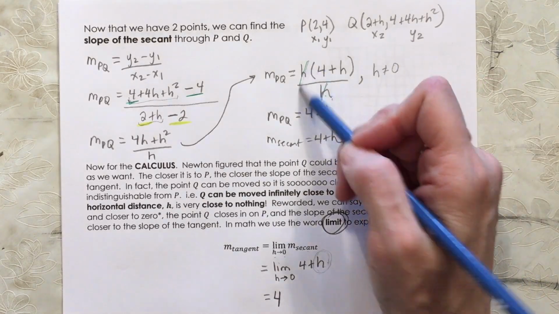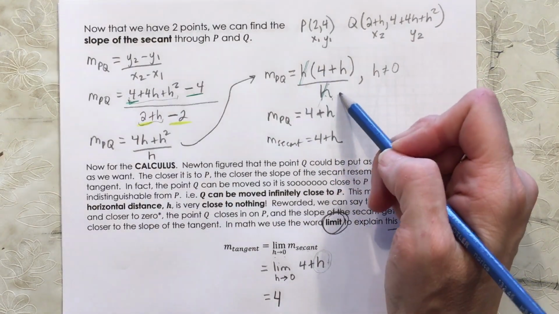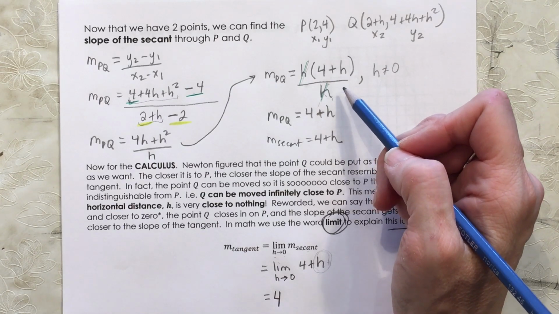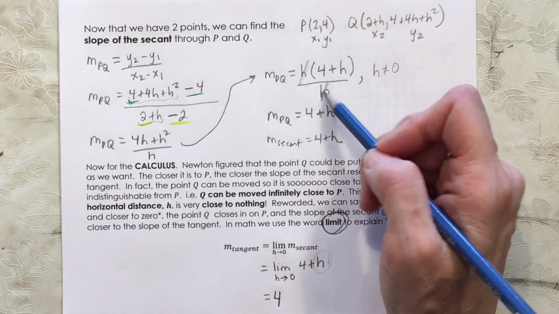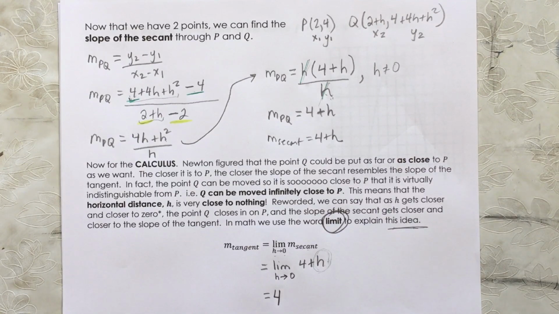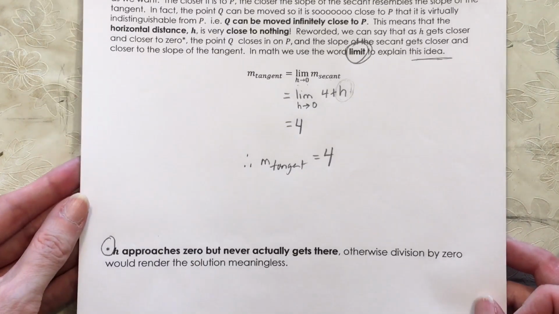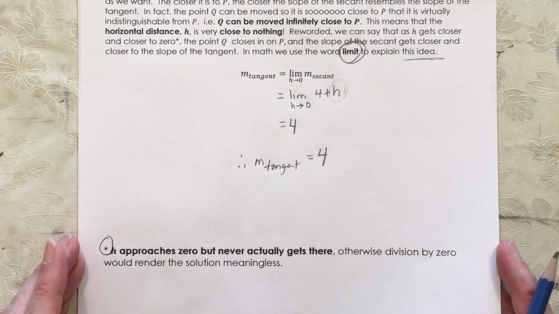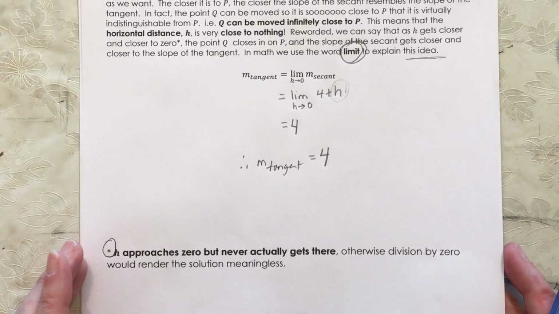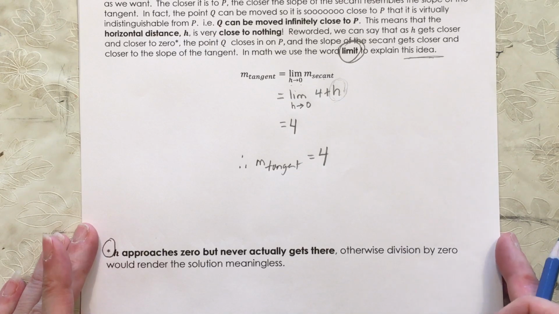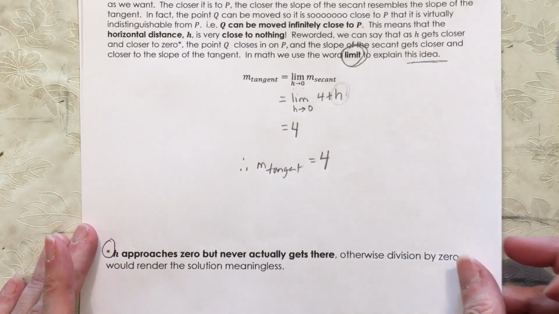Remember we did that whole unit on rational expressions and restrictions. So we can't divide by 0. h can get very close to 0, like 0.000000001, but it can never actually equal 0, or again, that would render the solution meaningless. So that's an important note. It's a way to get around division by 0. We can approach it, but we can never actually get there.